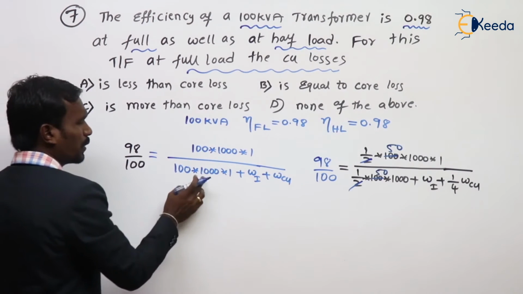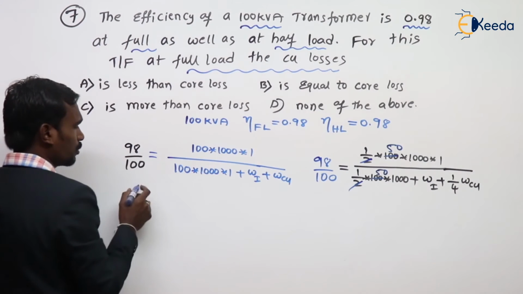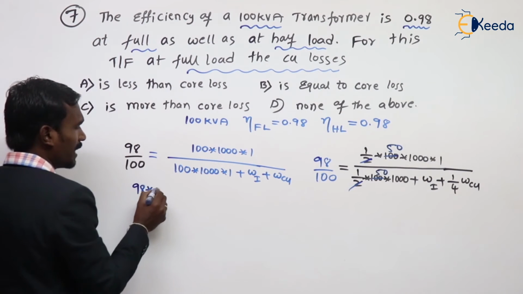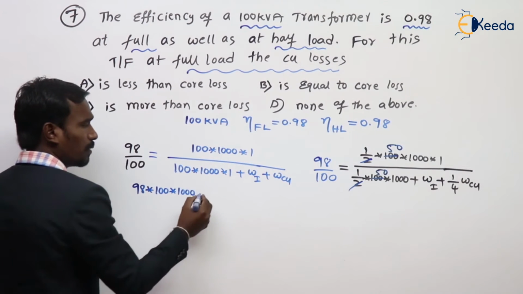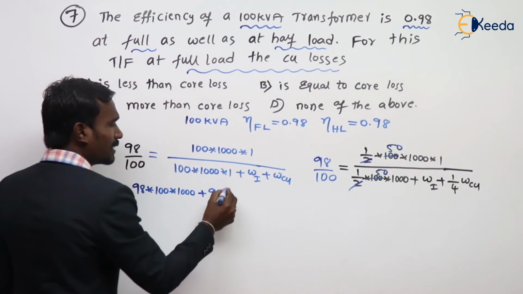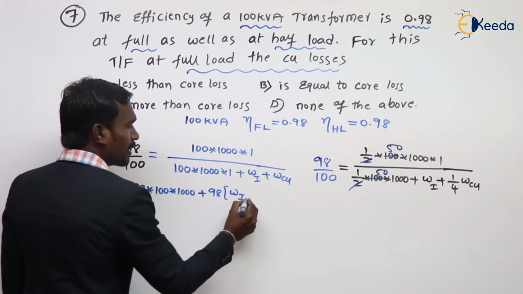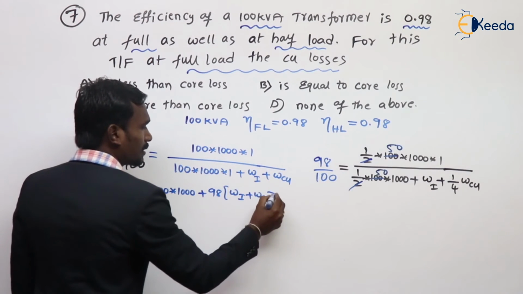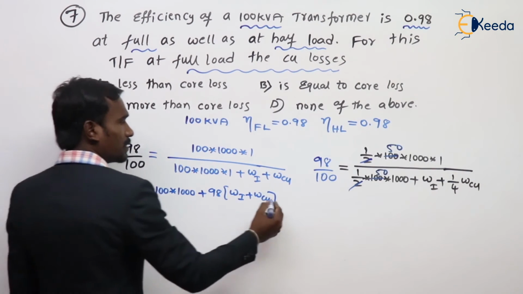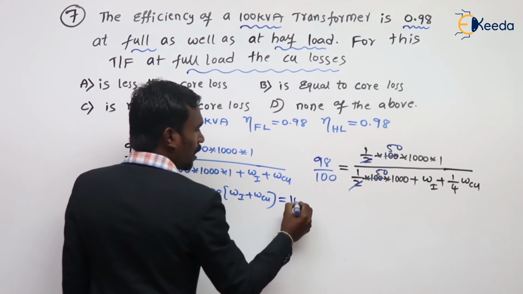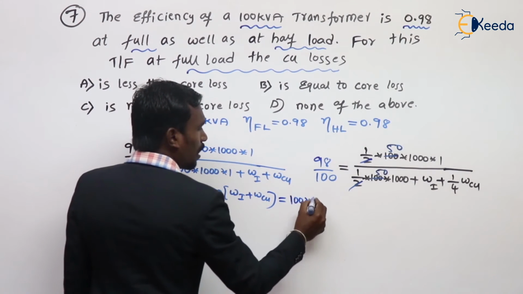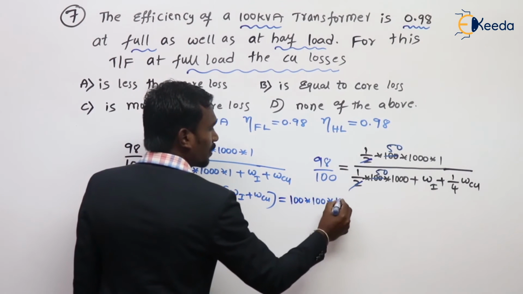So do it. 100,000 into 98: 98 into 100 into 1000 plus 98 into iron losses plus copper losses is equal to 100 into 100 into 1000.